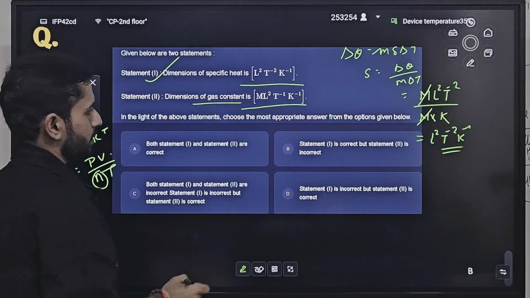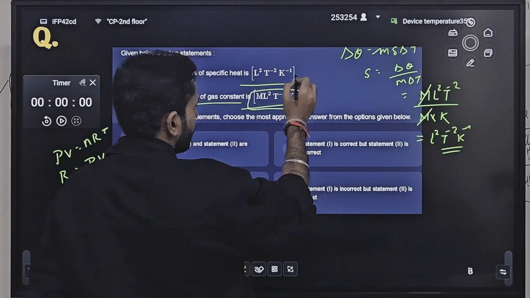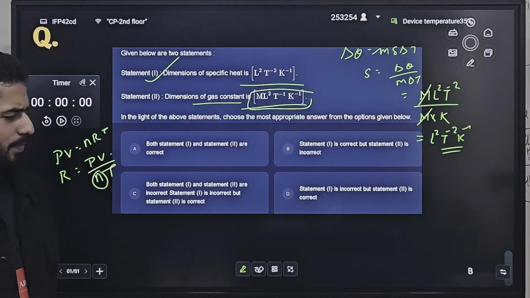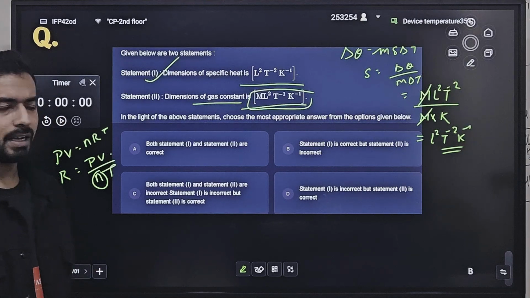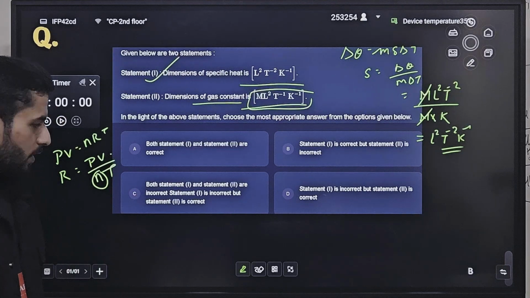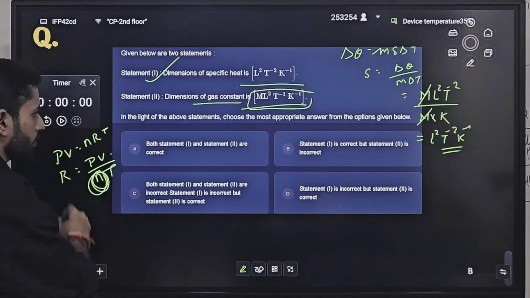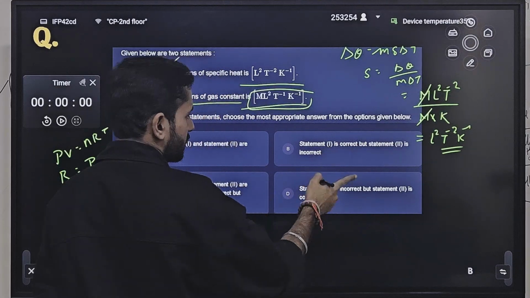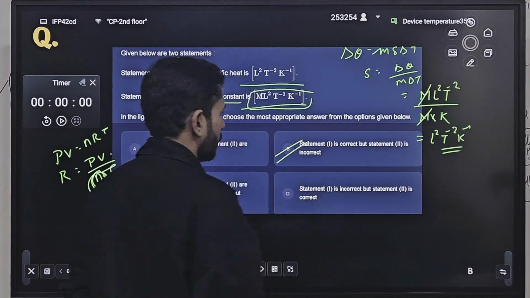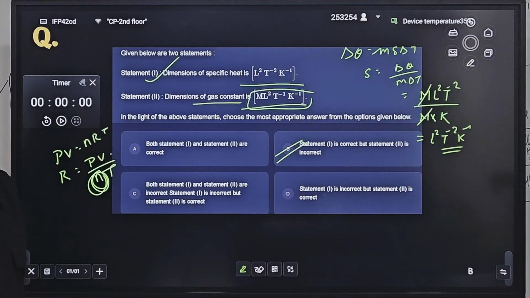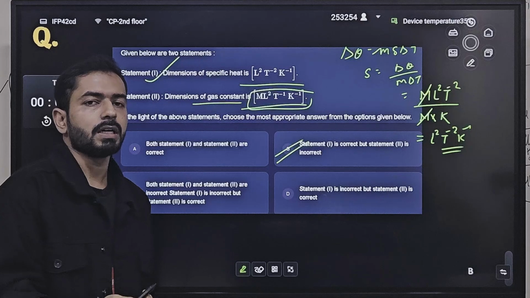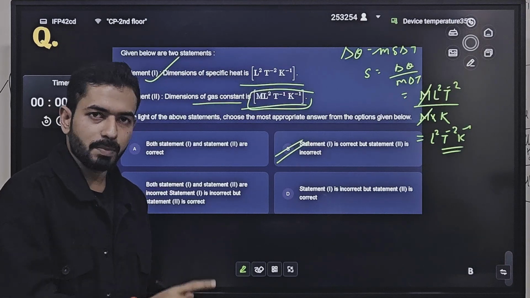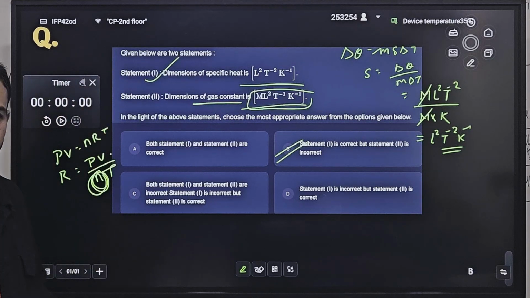And when you notice this dimension is not giving you moles anywhere, I am not interested in the exact result, but I can say it is not correct. Reason: there is no term of moles present in the given expression. So which option is correct? Statement 1 is correct and statement 2 is wrong. That means option B is correct. You just have to judge the question. You don't have to solve it completely. Just find the right option and move forward.